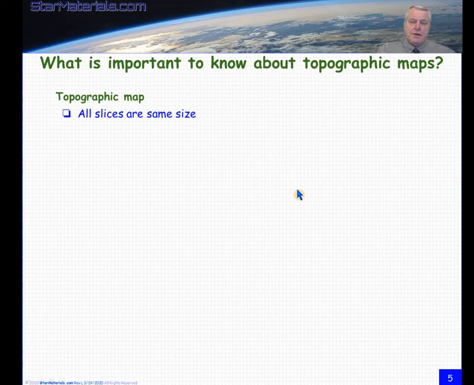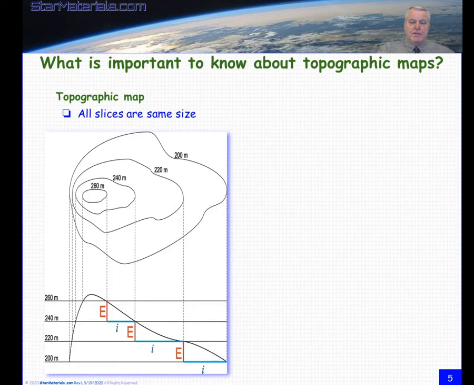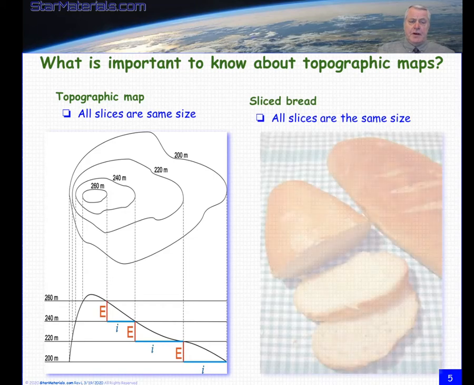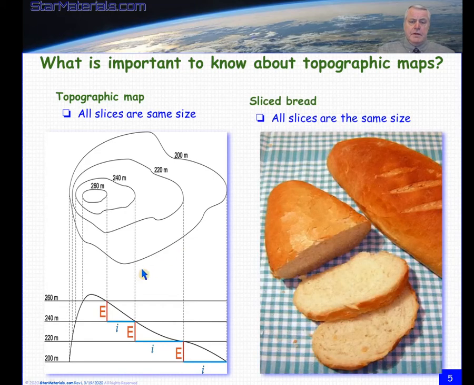Now, topographic map. All slices of a topographic map are the same size. In other words, if you look at a piece of bread, all the slices are the same size. So if I took a mountain and I had a really big knife and I sliced that mountain at the same interval, I would come up with different size slices.